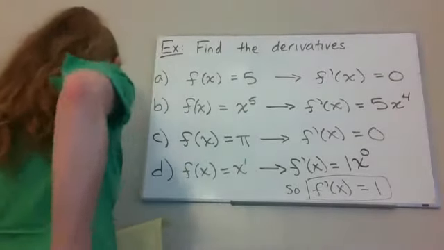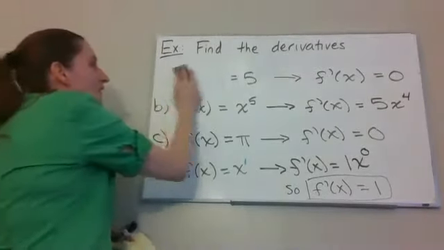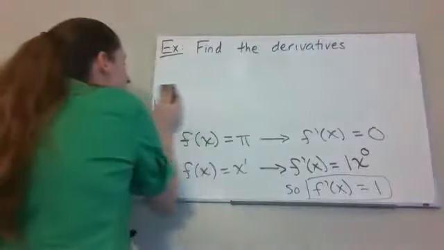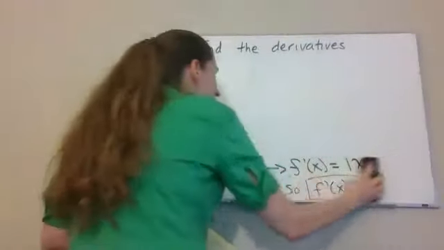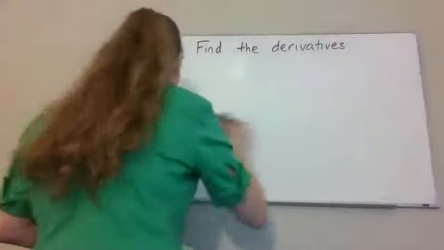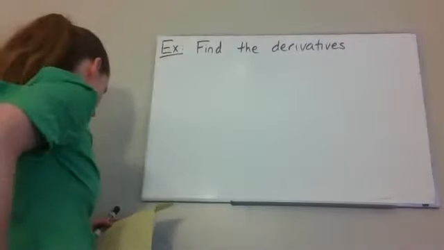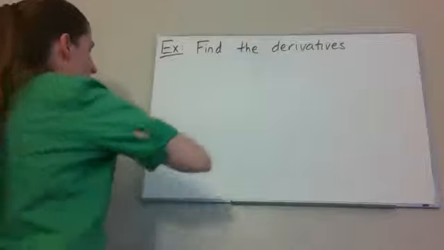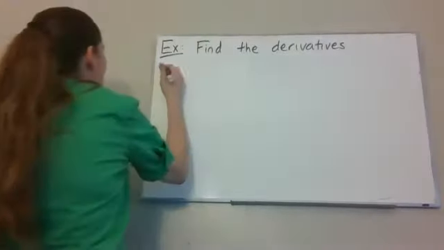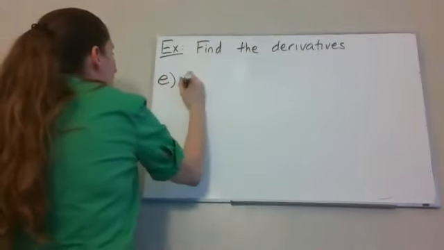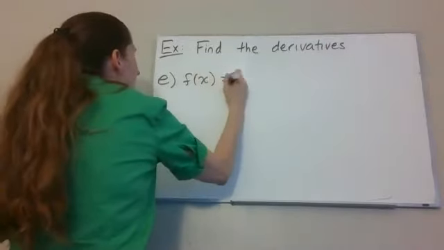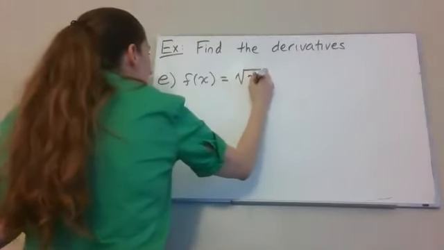All right, we still have a few more parts for this example. How about, this one's starting to get a little more complicated. What if my function is the square root of x?